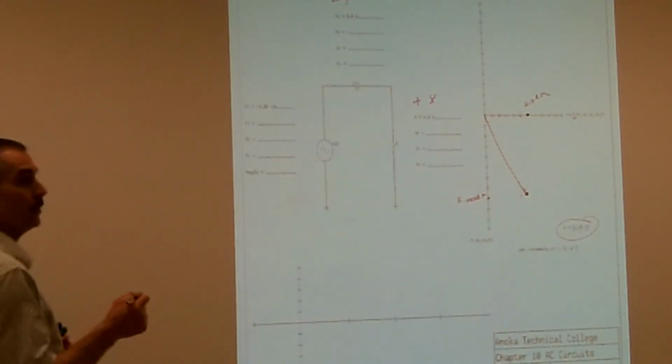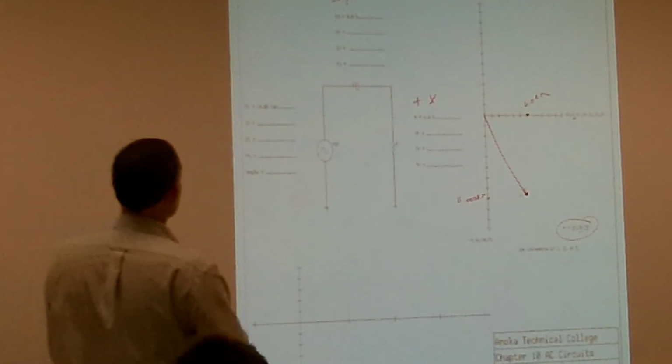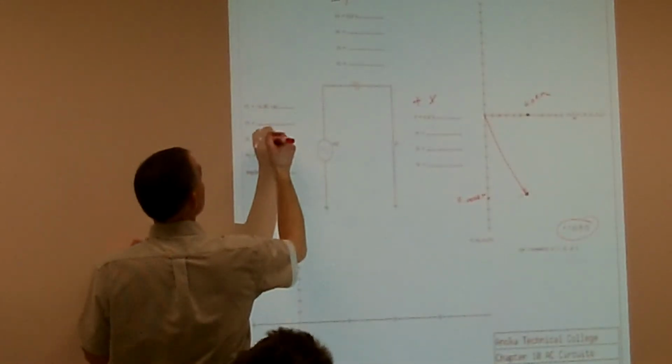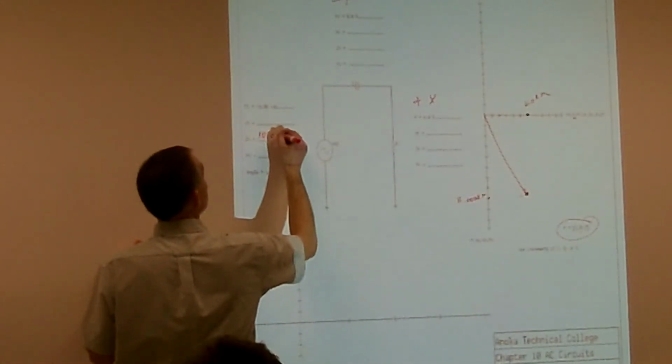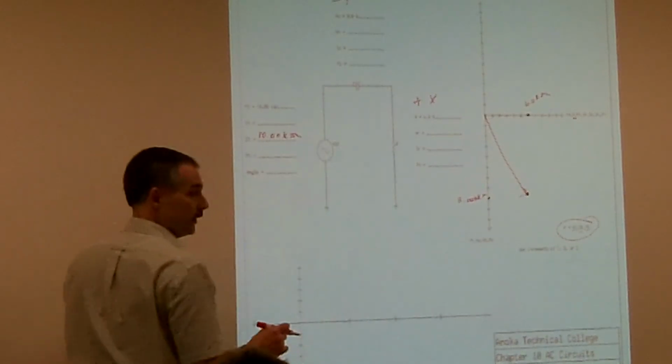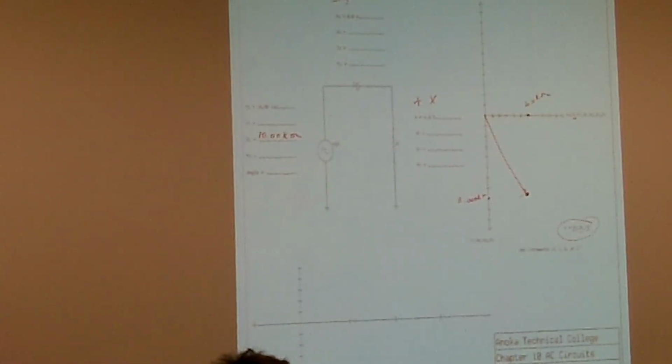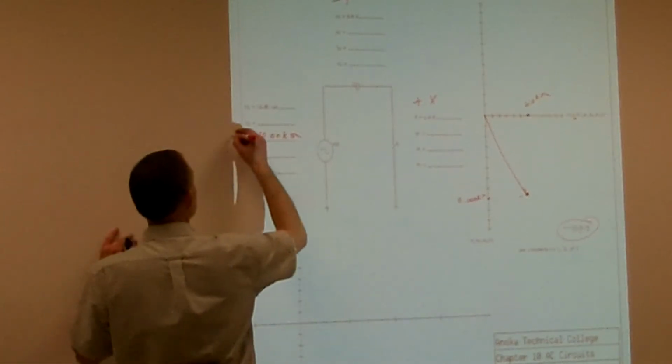What'd you get? 10K ohms? Everyone agree with that? All right, they get 10K ohms. Okay, so that was our step one there.